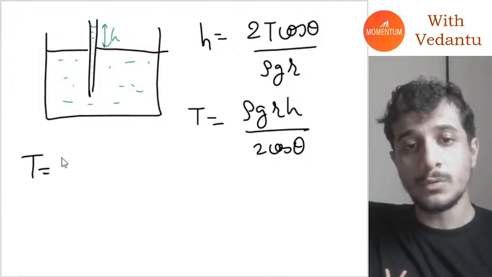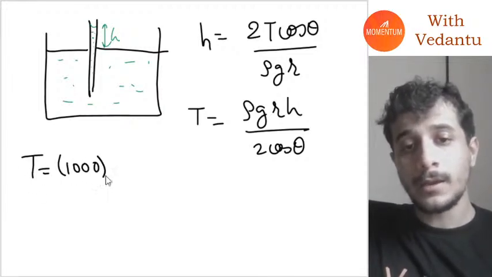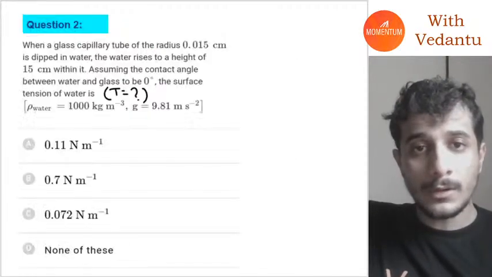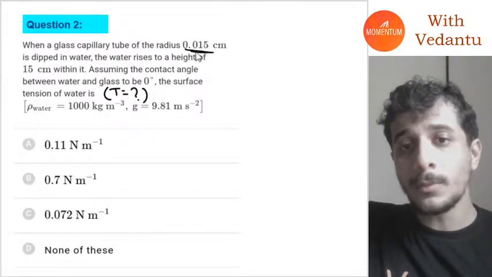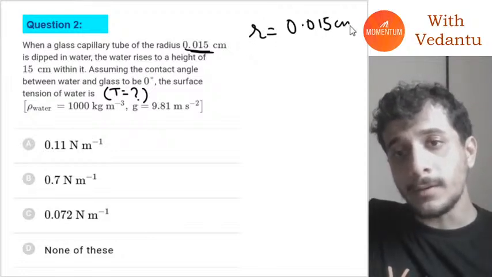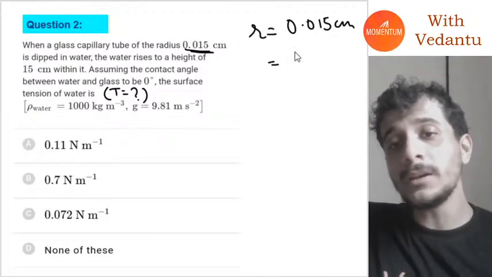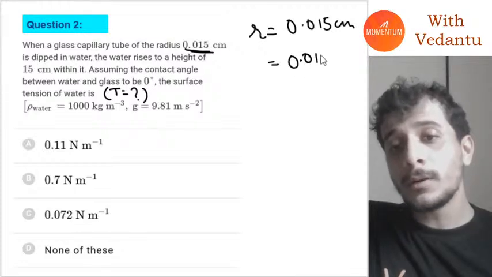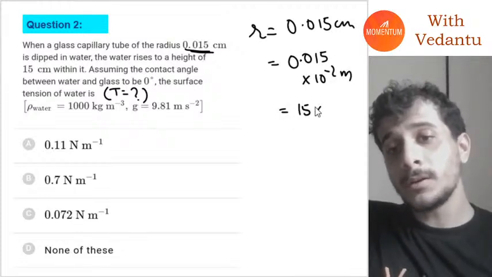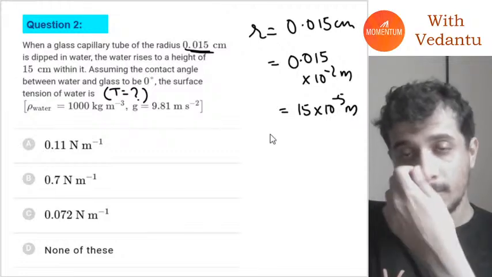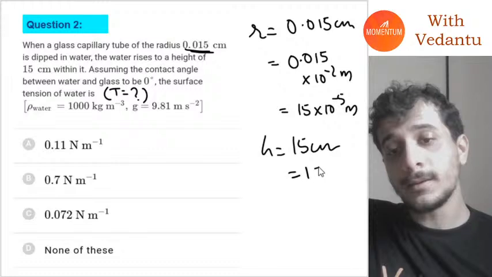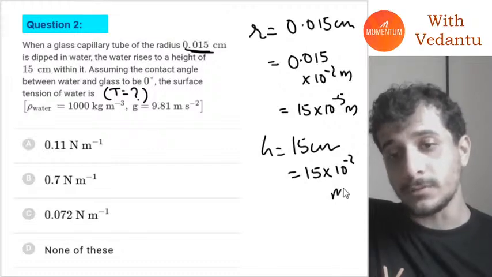T is equal to 1000 into 9.8 into r, which is given to us as 0.015 centimeters. You have to convert this into meters, so this will be 0.015 into 10 power minus 2 meters, or 15 into 10 power minus 5 meters. h is given as 15 centimeters, that is 15 into 10 power minus 2 meters.